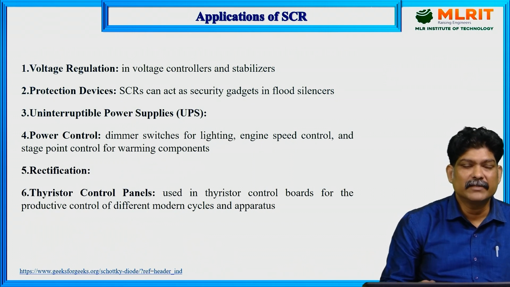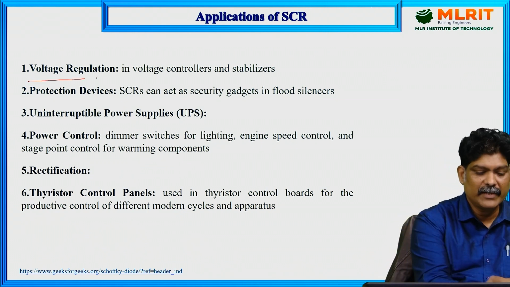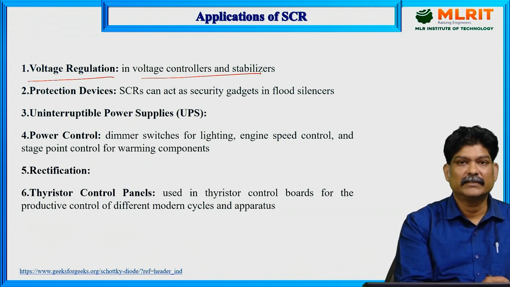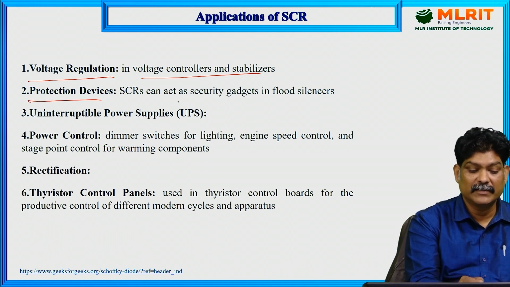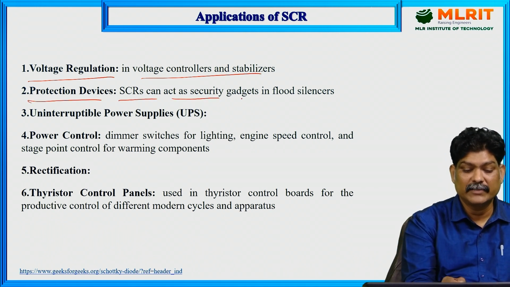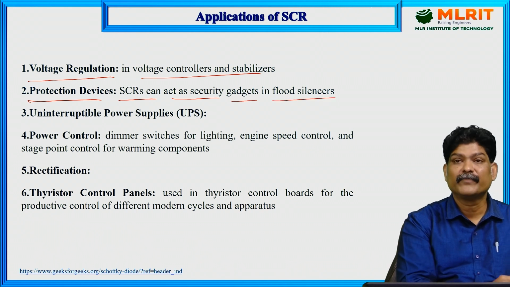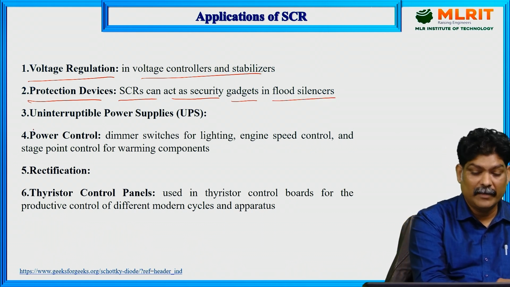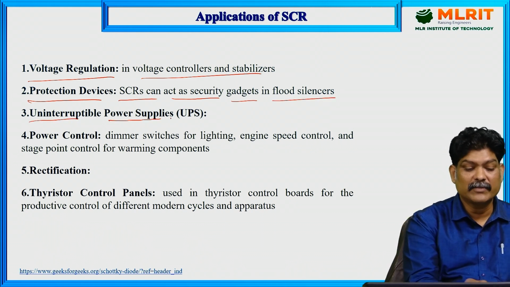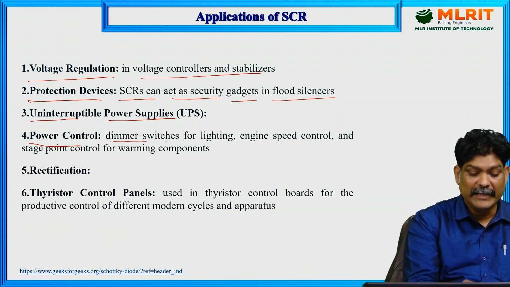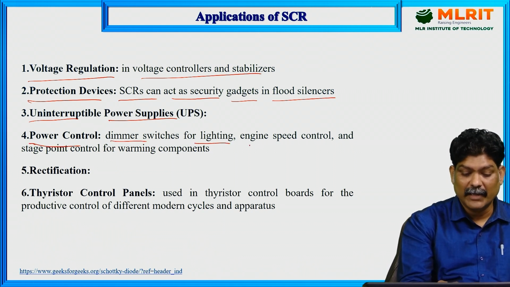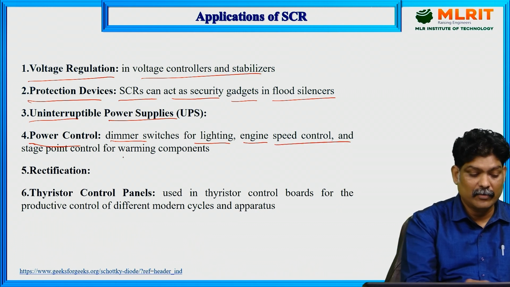Now, applications of SCR. Voltage regulation: these are used in voltage controls and stabilizers. Protection devices: SCRs can act as security gadgets in flood silencers, and in uninterrupted power supplies, UPS. Power control: dimmer switches for lighting, engine speed control, and stage point control.